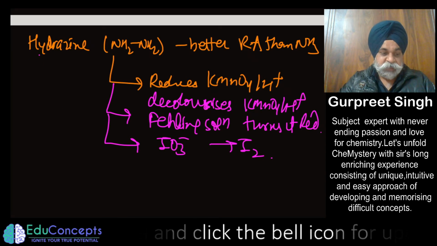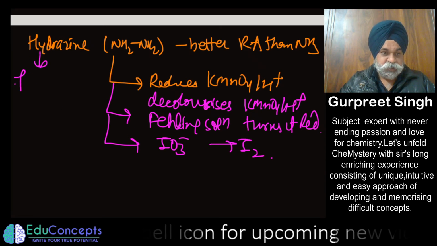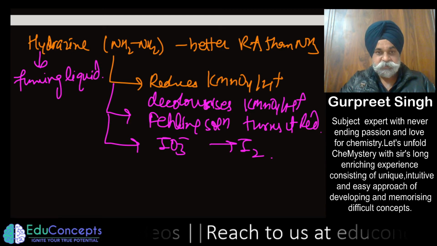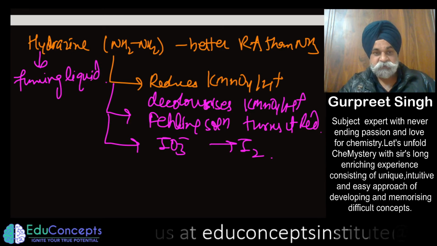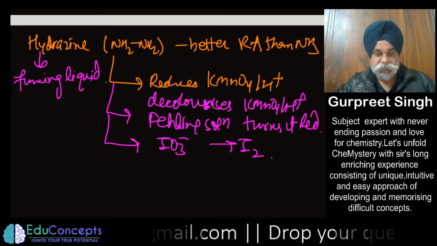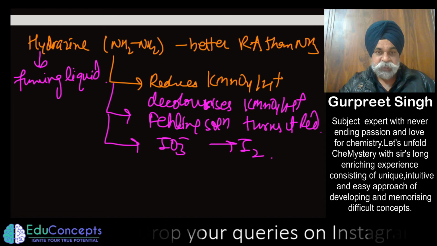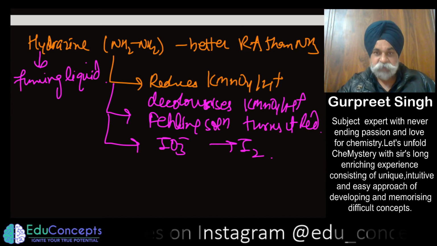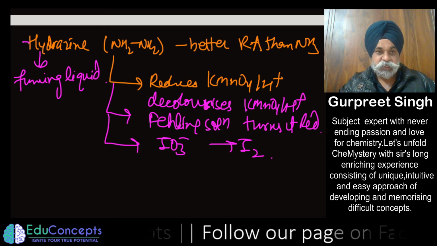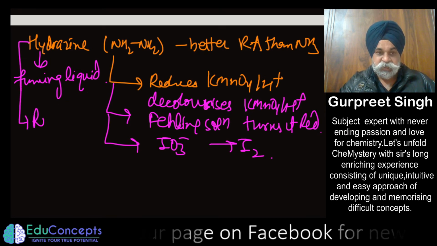And as a matter of fact, you should also remember that it is a fuming liquid, just like hydrazoic acid. Hydrazoic acid, in fact, is shock sensitive and violently explodes. Hydrazine is not that shock sensitive, but it's a very good reducing agent, though a weaker reducing agent than hydrazoic acid. This is also used as a rocket fuel.